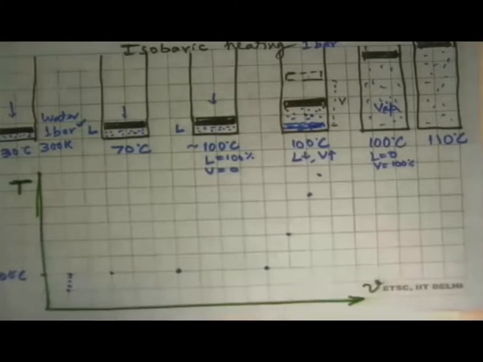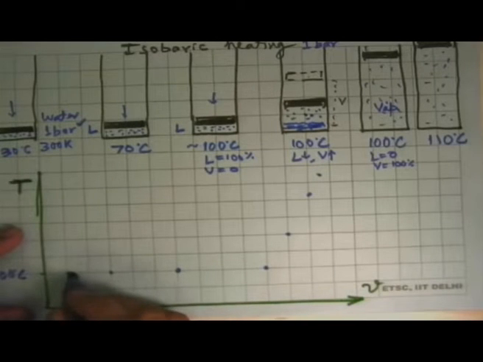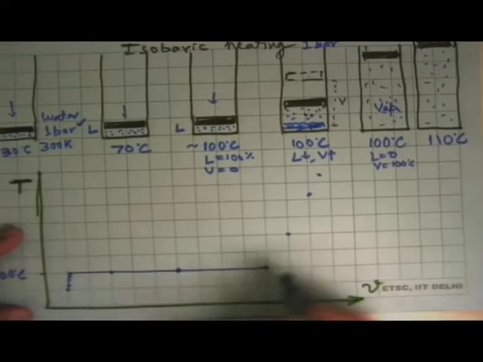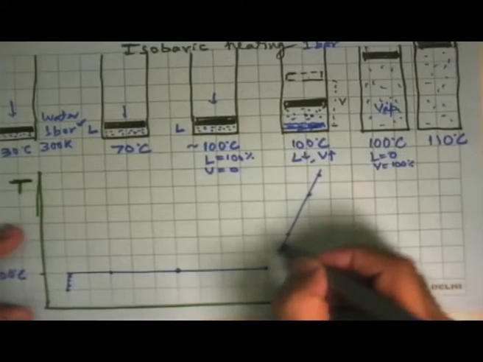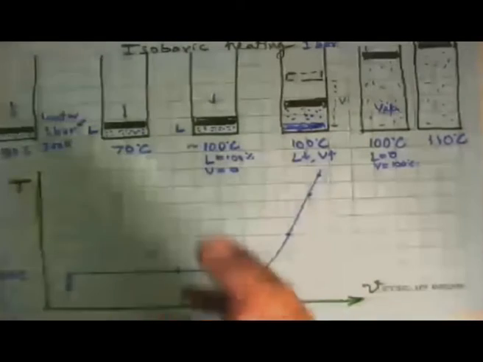So now that we got all these states here, what one can do is to join them by a line. So you get one line there, a horizontal line over there, and this line goes like that. And this tells us a lot of things about the behavior of the substance.